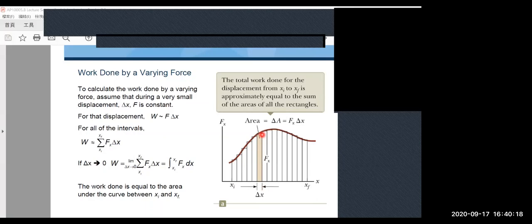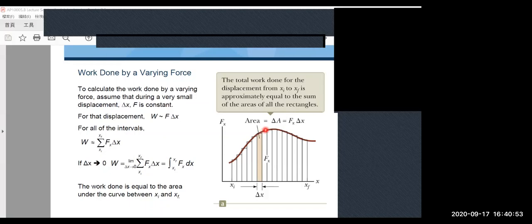If the force is a constant, then we would be happy because we could apply the equation that we have seen previously to our calculation: Fx times delta x. But that is only applicable in between xi and xf. After this region, from xf to another location, the force has changed.